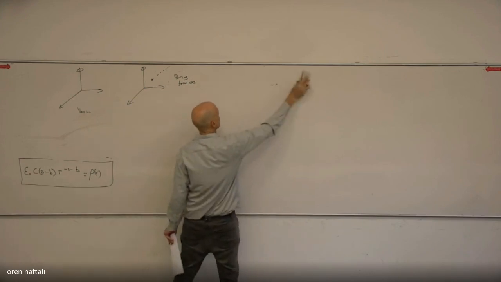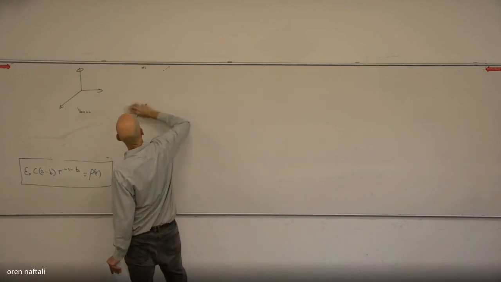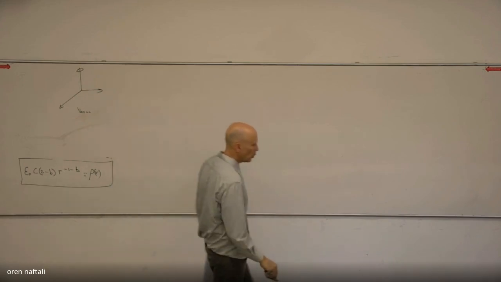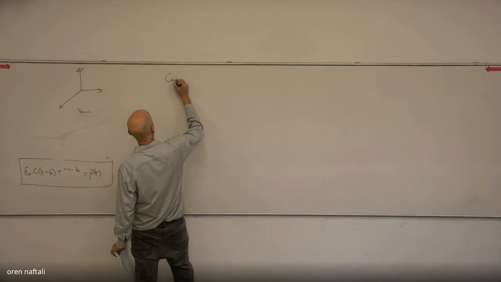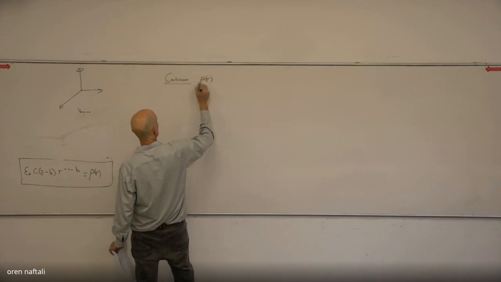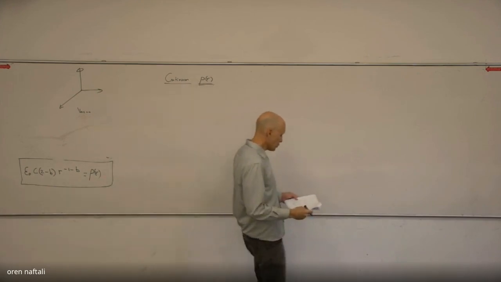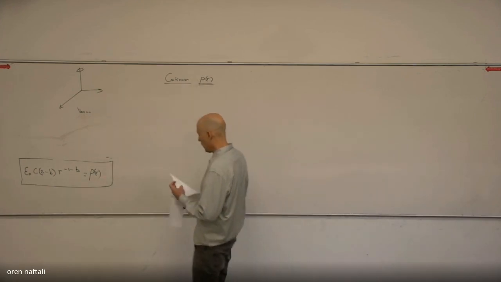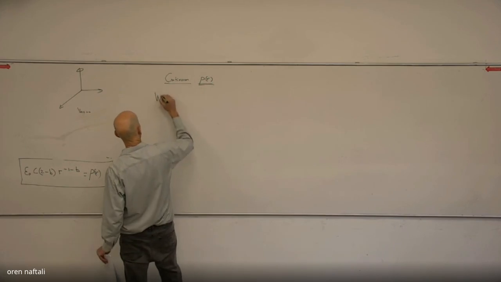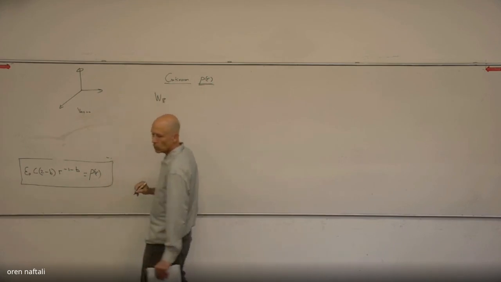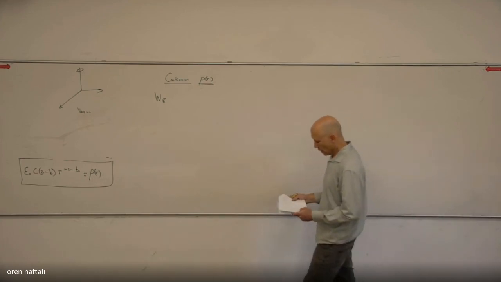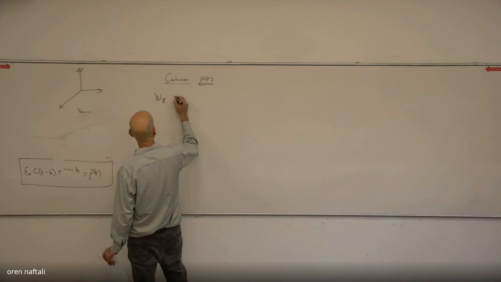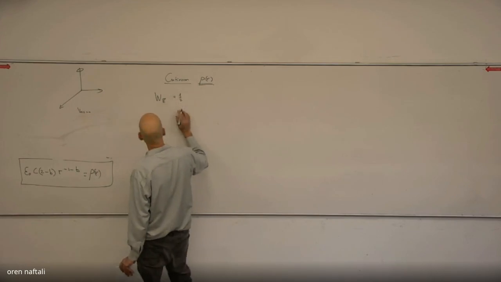And I want to introduce a new notation. So now I'm working with continuum charges. So we have some rho of R, which is a smooth function. And then I'm going to define W of creating the system as a function of the electric field. This is not going to be clear right now, but soon it will be clear. And the idea is that this is the same half that we had before.